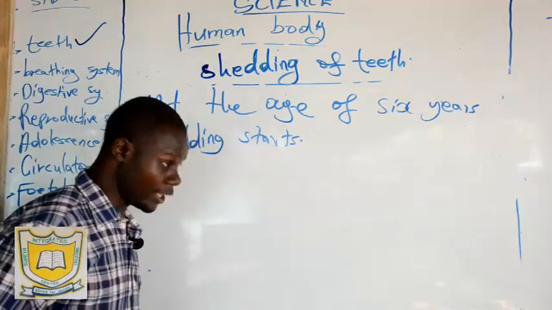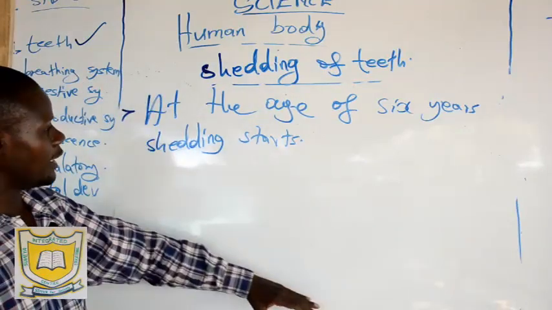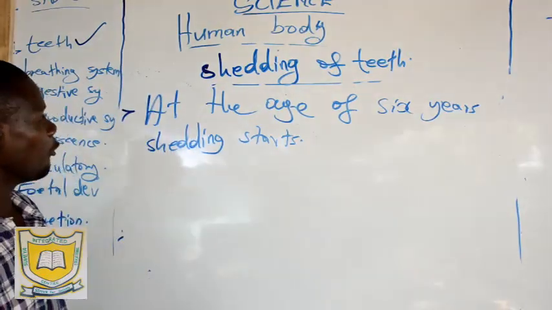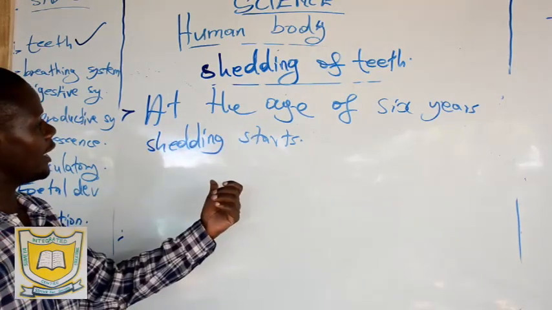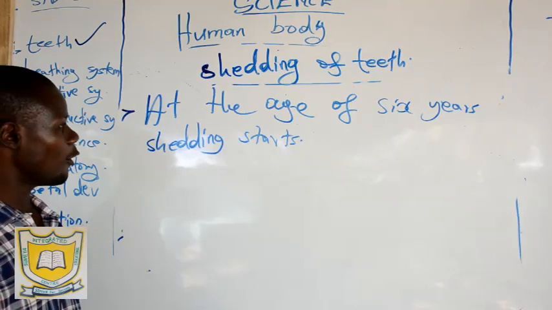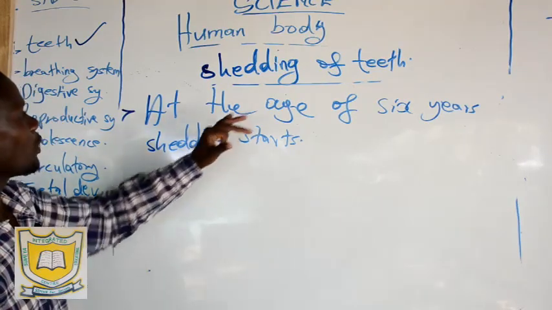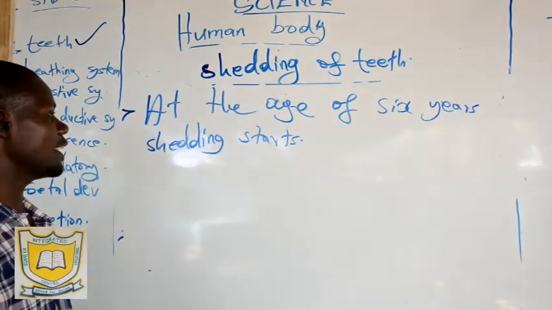Now, what is shedding? We have talked of the 20 primary teeth, and at the age of 6 years, the falling off of the milk teeth starts, which is what we call shedding of teeth.